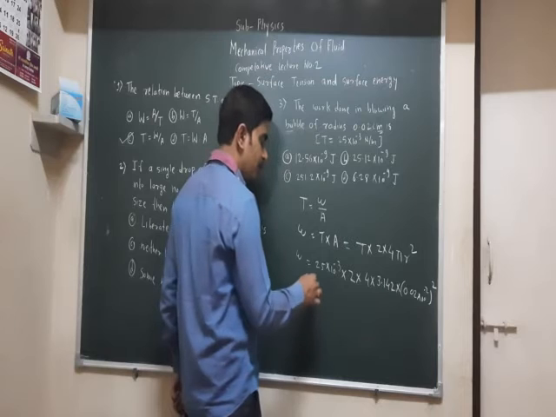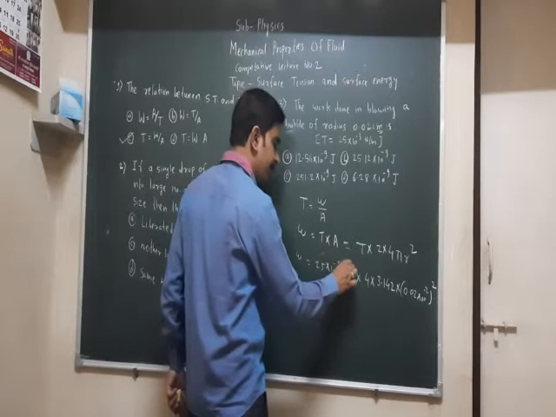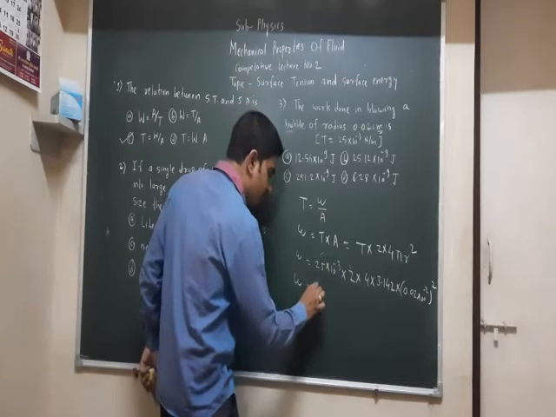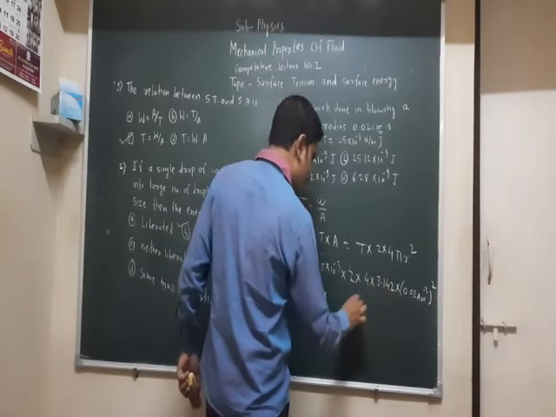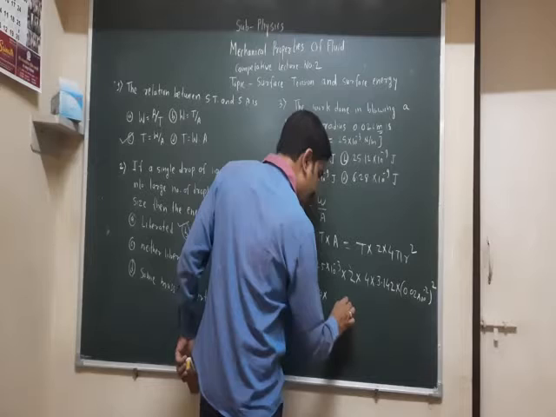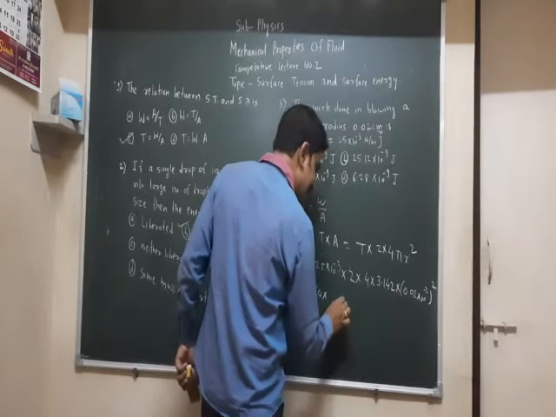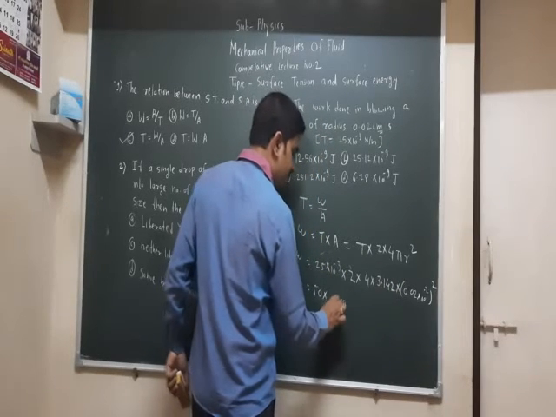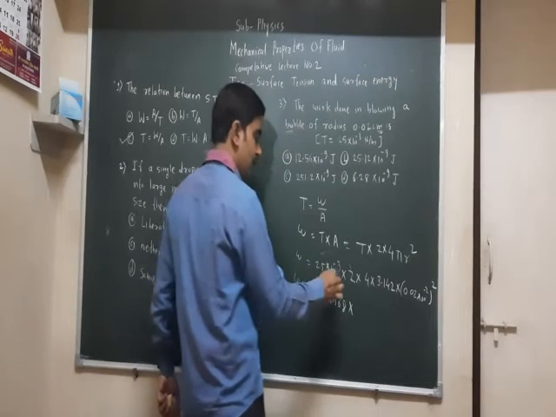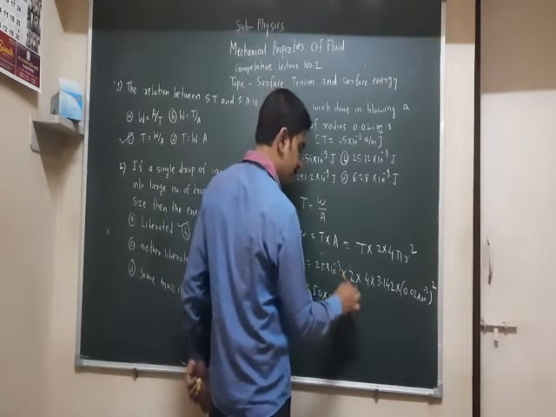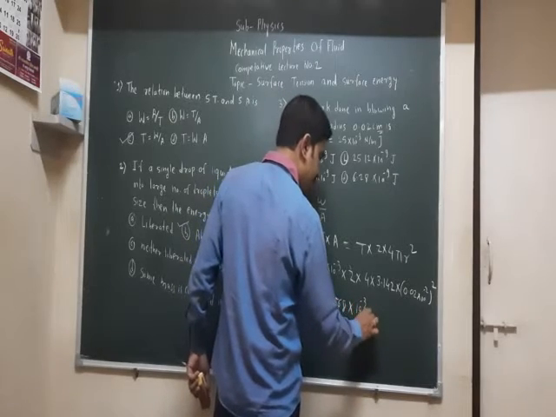Okay, now we have to do the multiplication. 25 multiplied by the 2, work done is equal to here 50, right? Now 4 multiplied by 3.142: 4 2s are 8, 4 4s are 16, 4 1s are 4 plus 5, 12.568. Now I have done this multiplication, then the power of 10 is minus 3.